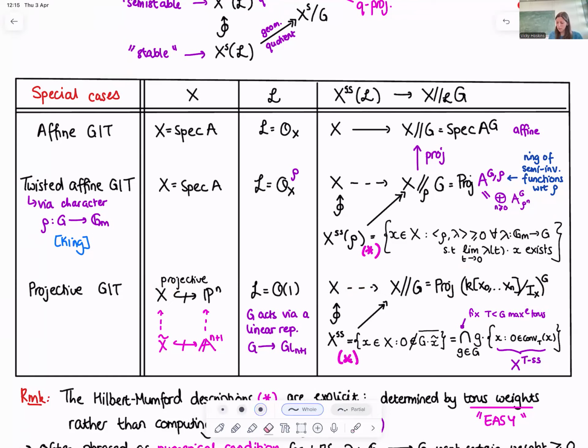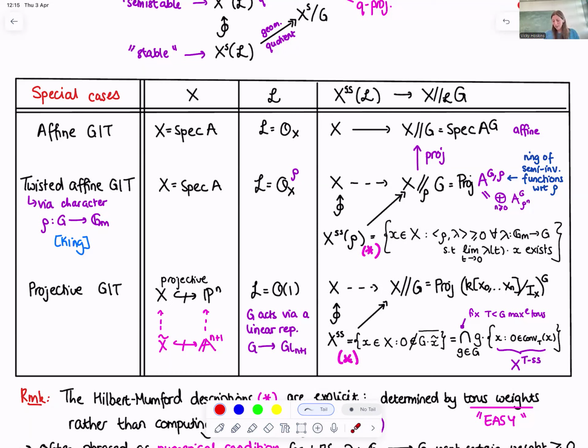And again, the semi-stable locus is defined abstractly as points where there is an invariant function which is non-vanishing. But there's a nice topological description, which is that instead of working in this projective space, you can work in the affine cone above it. Sorry, it's below in the picture, but usually you think of it as above.